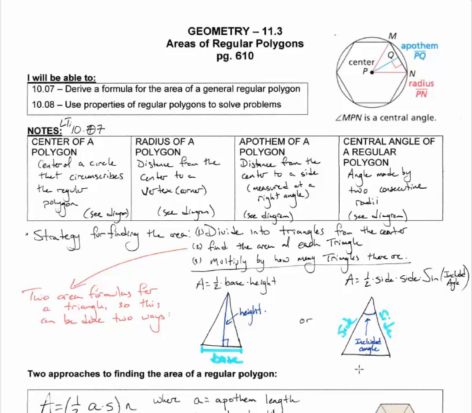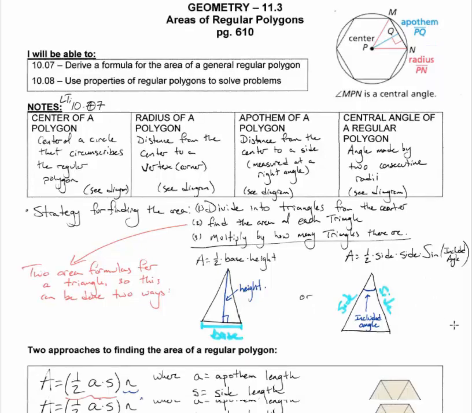From this point of view, if I look at my triangle here, if I think of this top corner as the center of this regular polygon, each of these sides would correspond to a radius of this regular polygon. And this included angle would be the angle in between these two radii, which happens to be this central angle. So it looks to me like we could find two different formulas for the area of a regular polygon based on each of these two methods for finding the area of a triangle. And I've summarized them down here.